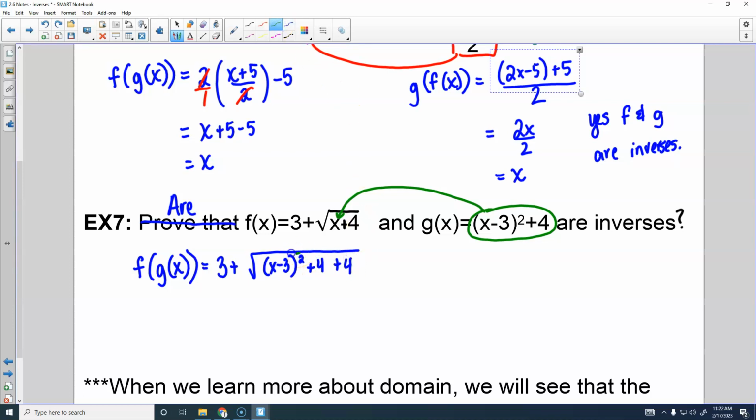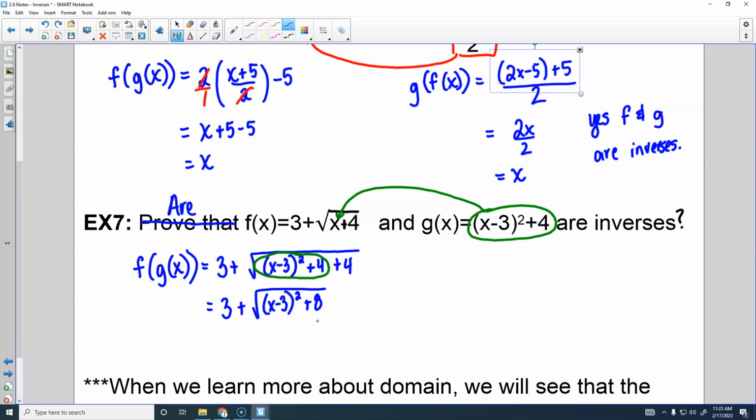Because this stuff right here, that was my g of x. Now, if I had left it a minus 4, I would have a minus 4 and a plus 4 and a minus 4, and they would cancel out. And then eventually I would get that these are inverses. But do these 4's cancel out? They do not. So that means I'm getting 3 plus the square root of x minus 3 squared plus 8.